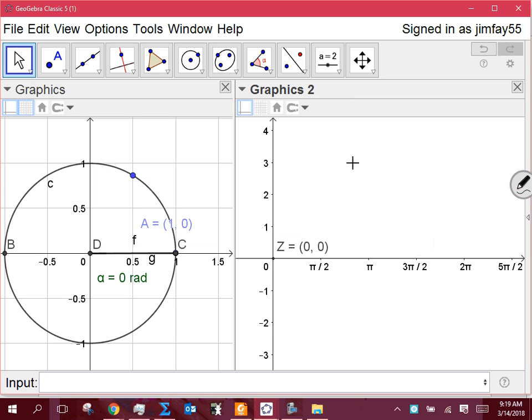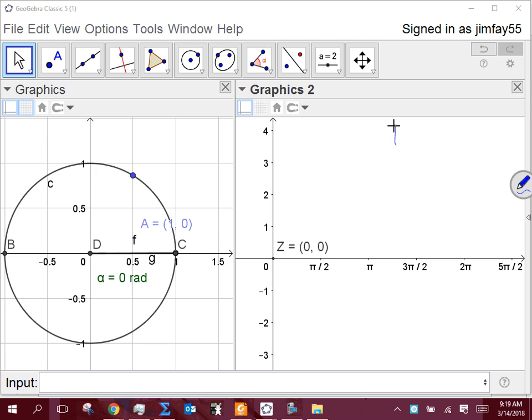Okay, so when you graph the tangent function, my input is our radians. My output is going to be the y divided by that x off the unit circle.